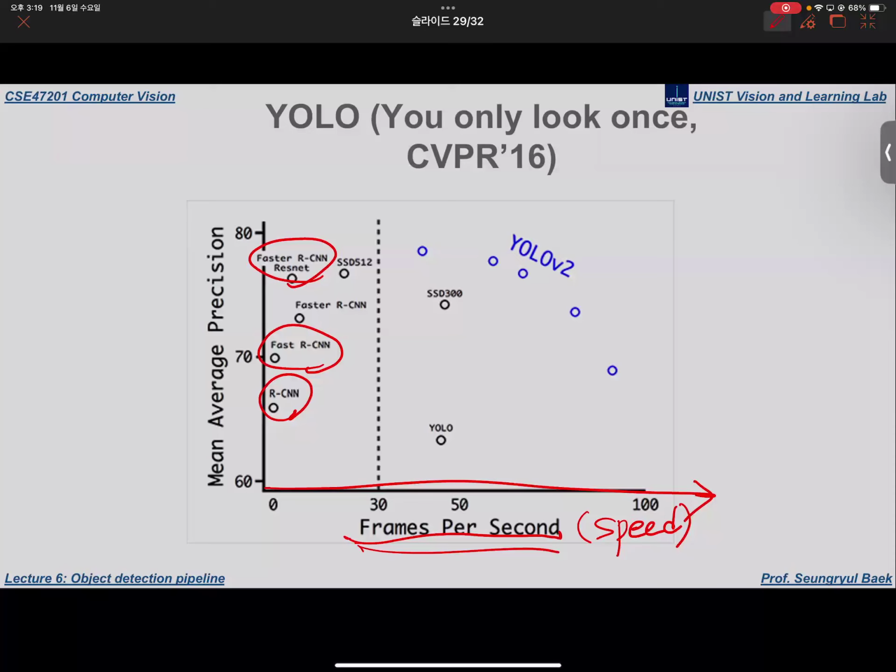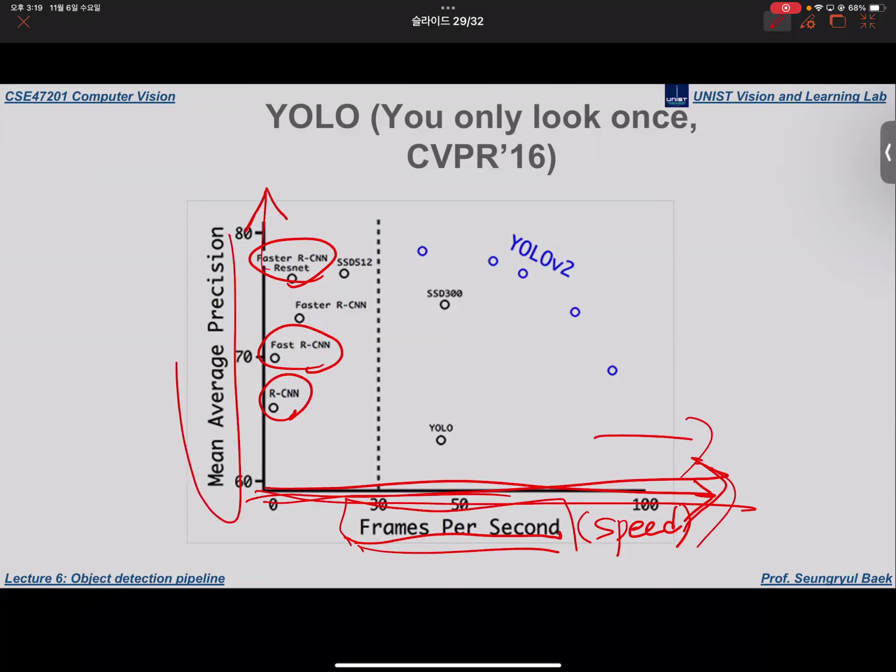If this value is high, the algorithm has high speed. Okay. And this is the accuracy value, the precision value.